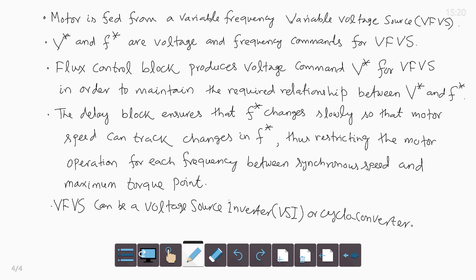The delay block ensures that F star changes slowly, so that motor speed can track the changes in F star frequency command, thus restricting the motor operation for each frequency between synchronous speed and maximum torque point. Variable frequency variable voltage source can be a voltage source inverter VSI or cycloconverter.